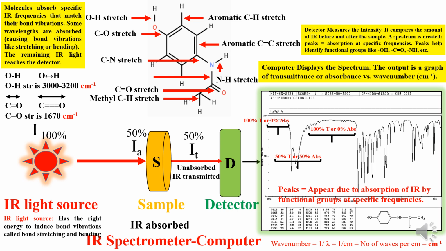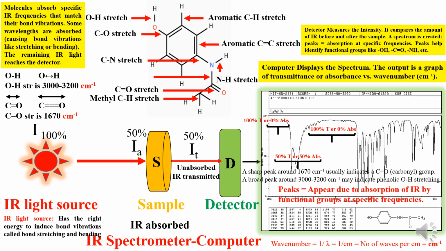There is 100% transmittance of the incoming IR radiation. So whenever peaks appear in the spectra, it means that the functional groups absorb the IR radiation at specific frequencies.